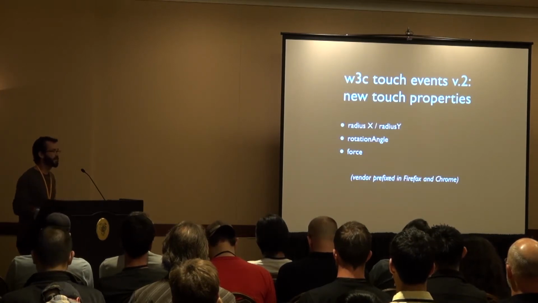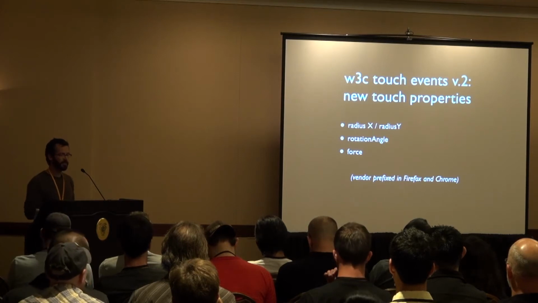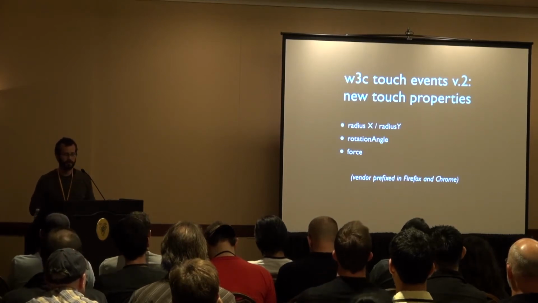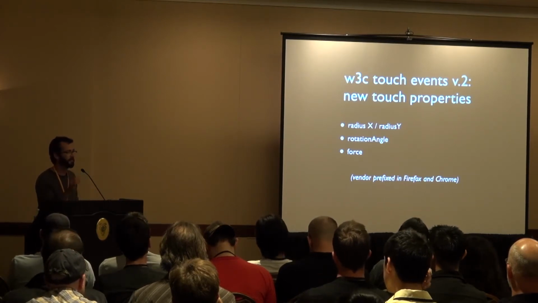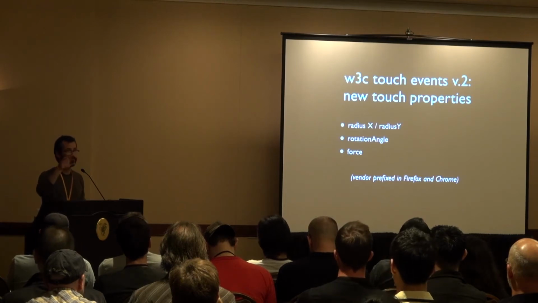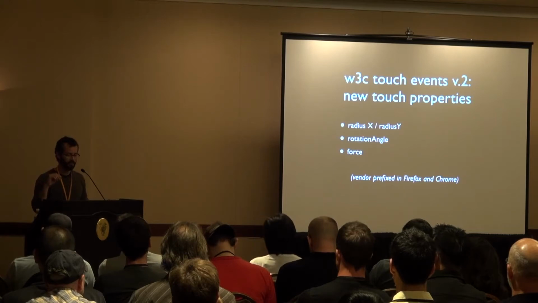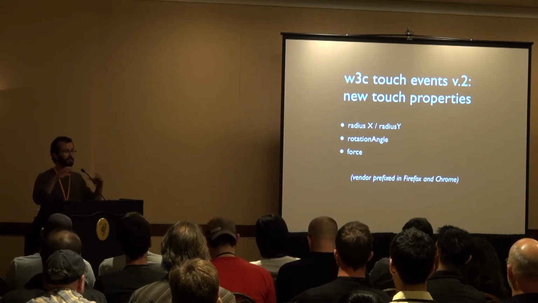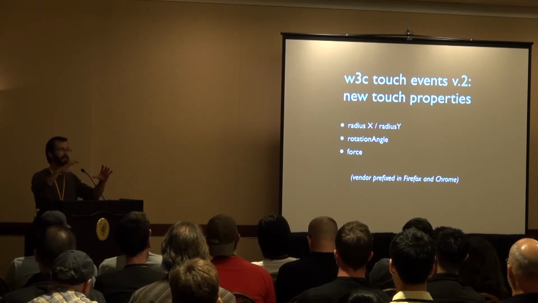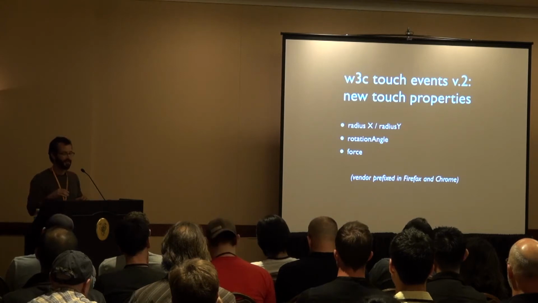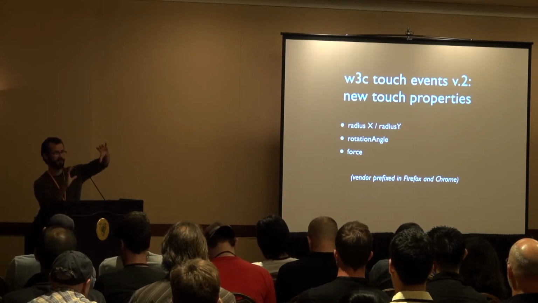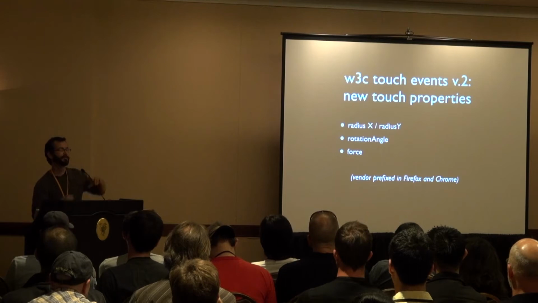But here's where things get really cool. You get these new touch properties in V2, like the radius of the actual amount of surface you have touched. You also get the rotation angle of the oval that your finger created on the screen. So if your finger came down like that, that would be the angle.